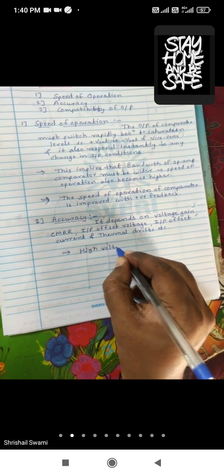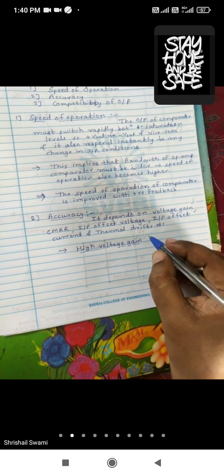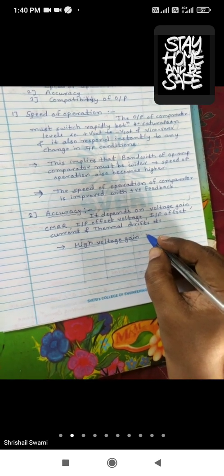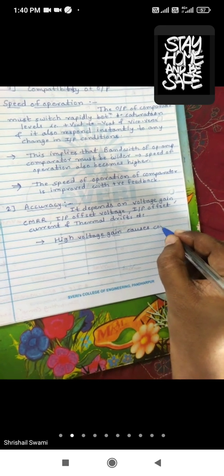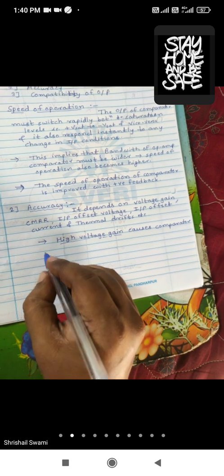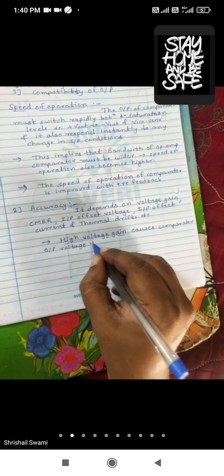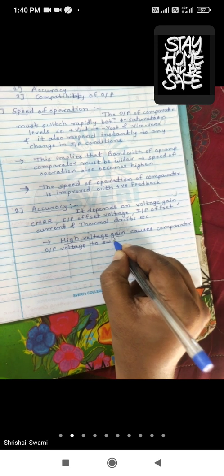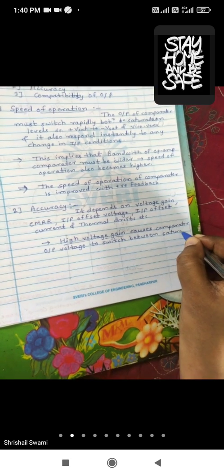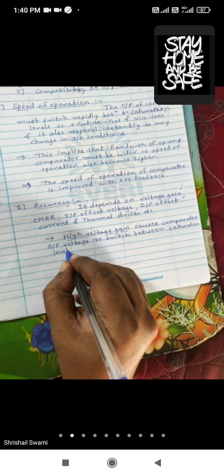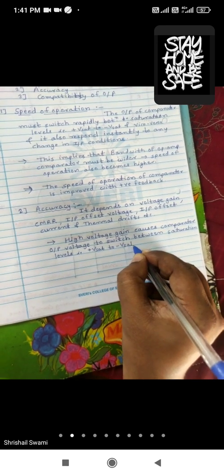The high voltage gain causes the comparator output voltage to switch between saturation levels, that is plus Vsat to minus Vsat and vice versa.